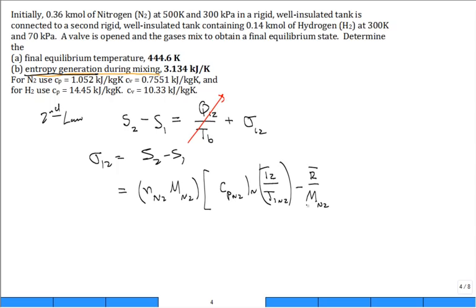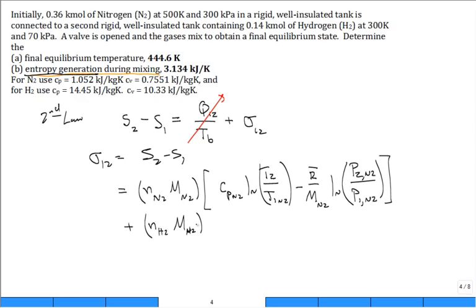That gives me R for the nitrogen. Natural log of the final pressure of the nitrogen divided by the initial pressure of the nitrogen. And now I have to wrap this equation around, so I'm going to bring it down here and I'll add the number of moles of the hydrogen, the molar mass of the hydrogen, H2.